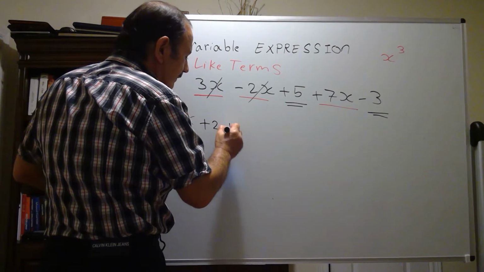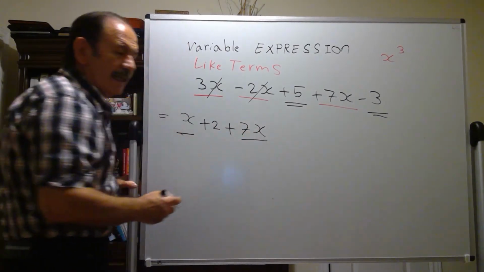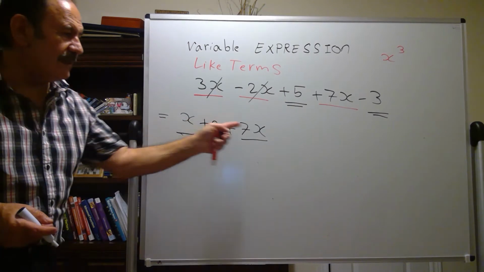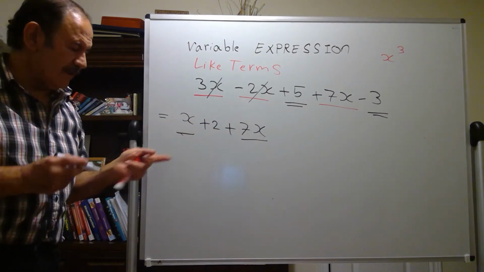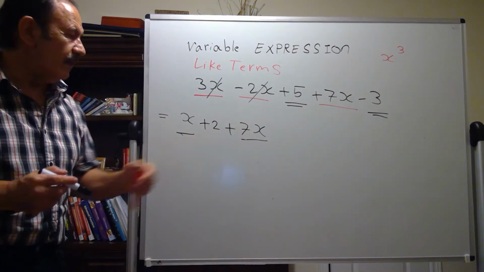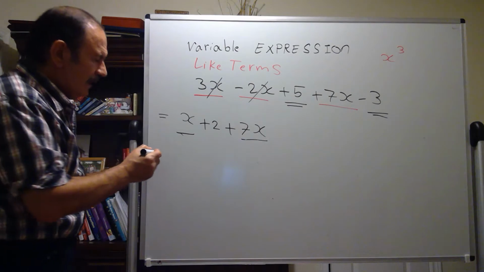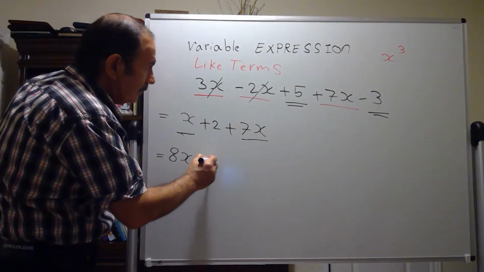And this +7x, again, this x and this 7x are like terms because they have the same base, same exponent, different coefficient. The coefficient of the first term is 1, the coefficient of the last one is 7. So 1x plus 7x is going to be 8x plus 2.